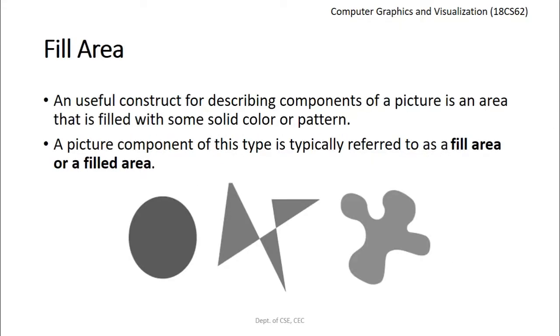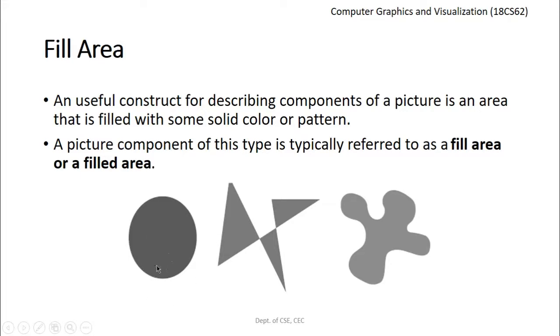Let us first try to understand what we mean by fill area or filled area. A useful construct for describing the components of a picture is an area that is filled with some solid color or pattern. We call such an area a filled area. All the examples given here are areas filled with solid colors.